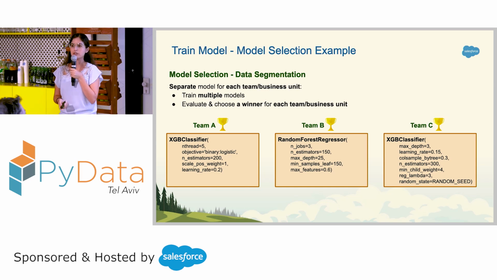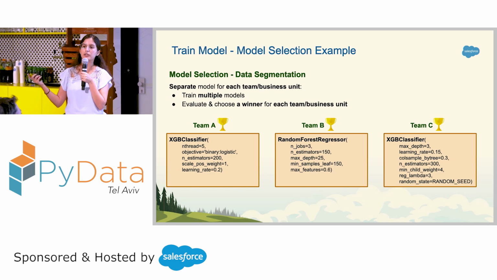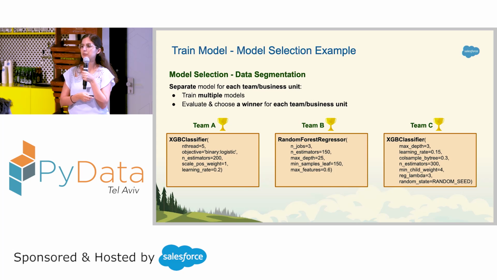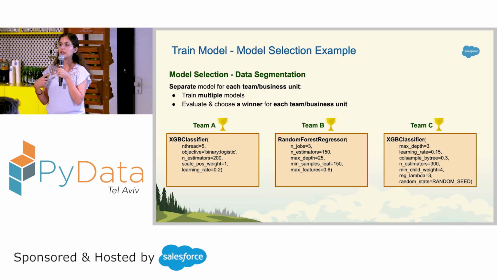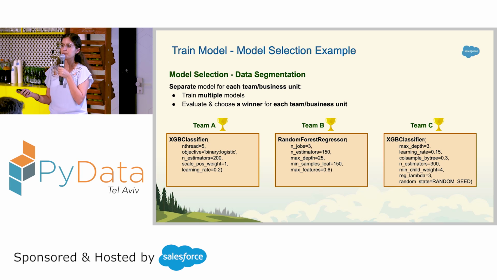What about large customers? We've talked about how large customers have complex data, complex structure. They have different business units, different teams, a team selling laptops, a different team selling data storage units, and these teams are completely different. They have different leads, and we can't really train the same model for all these teams.